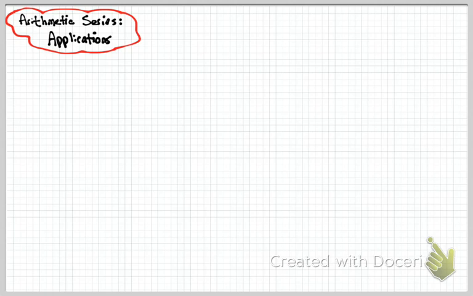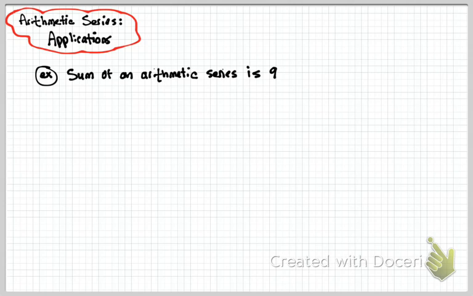Now, here's what I'm going to give you. I'm going to give you some information. I'm going to tell you that the sum of an arithmetic series is 965. So already starting different. You're not finding the sum. I gave it to you.